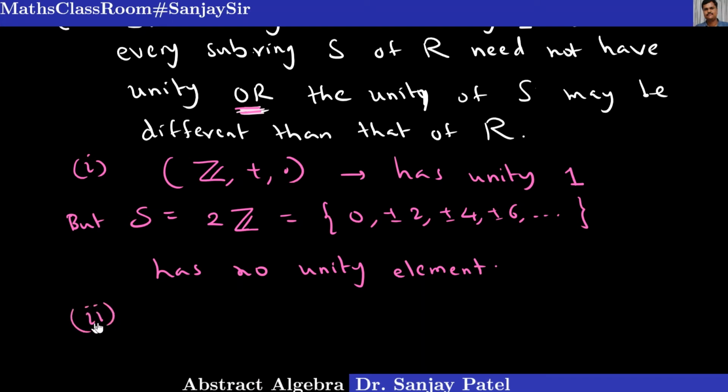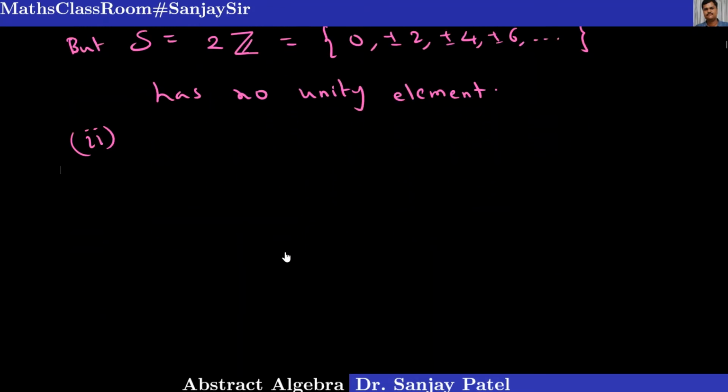Second thing I want to mention here is this. It may happen that the unity of the ring and the unity of the subring are different. For example, let me take the ring of residue classes modulo 10.